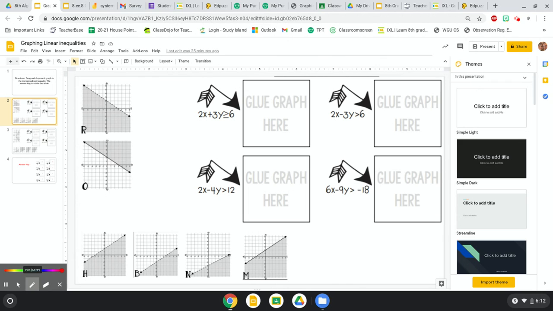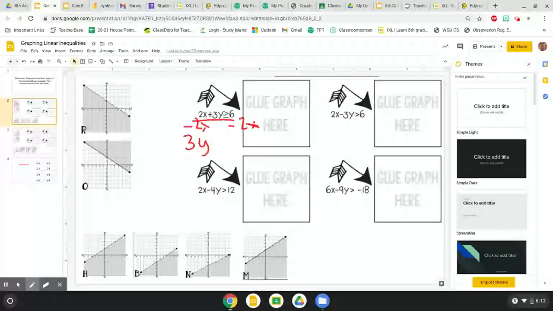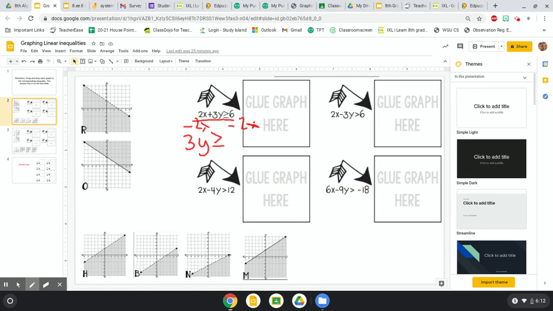But if I wanted to solve this for y, I'm going to go ahead and subtract 2x first. Subtract 2x over here. I'm going to be left with 3y is greater than or equal to, and I'm going to put that negative 2x first. And then I have that plus 6.